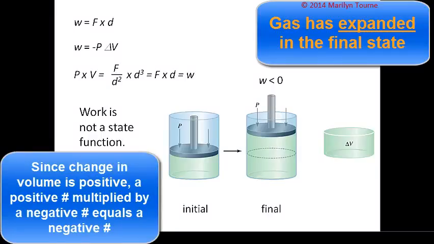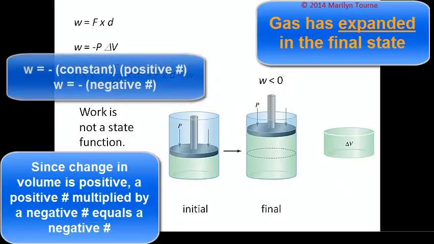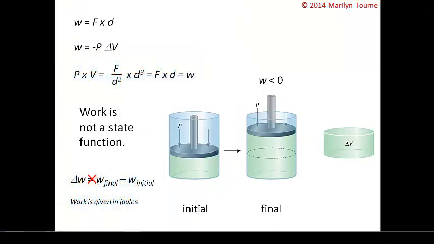So let's say it started at 0 and now it's bigger, so now it's greater than 0. Because the change in volume is greater than 0, that means that the system has done the work to expand against the surroundings. So that means that work must be negative. So the sign convention for this would be the negative sign, because the system has done work onto the surroundings. So it should be very simple for you to understand.